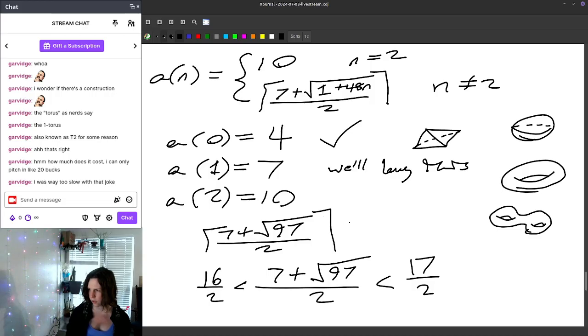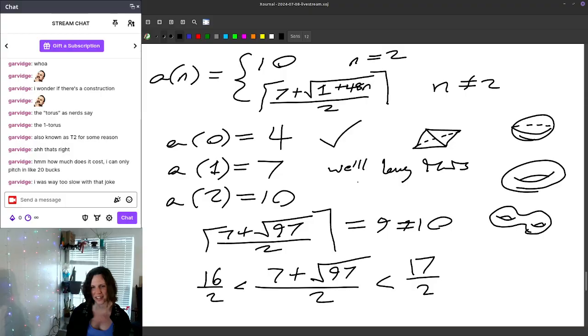Okay, so it's between 8 and 8.5, so it's definitely not equal to 8, so the ceiling has to be 9, but 9 is not equal to 10.